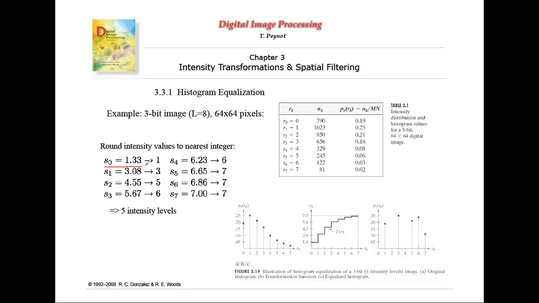Now for S0, you can see we got the value 1.33 and that was rounded to 1. What that means is, all those 719 pixels, which earlier had the intensity 0, dark, now shall be replaced by 1, which is dark gray.